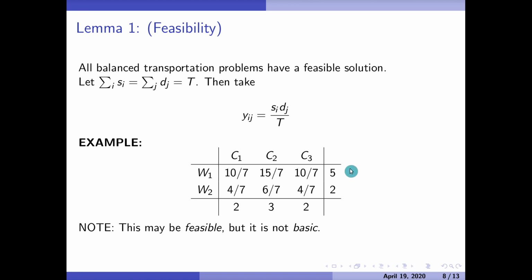So in this particular case, for example, 15 over 7. The 7 is the sum of these, 5 plus 2, or 3 plus 2 plus 2, because it's balanced. And then the 15 on top comes from 3 times 5, right? 3 times 5 is 15. This 6 comes from the 3 times 2. Okay, and so this is a nice feasible solution, but it is not basic. It's not basic because we don't have any zeros in there.